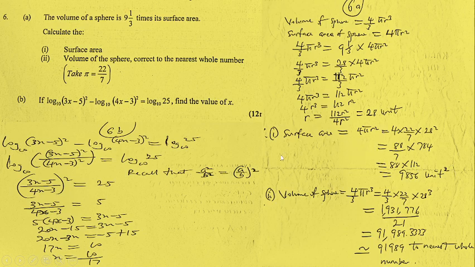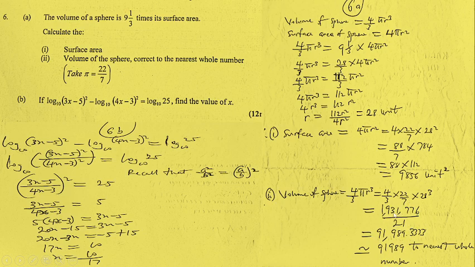Then also, we have to find the volume of the sphere correct to the nearest whole number. What's the volume of the sphere? 4 over 3 pi r cubed. So that will give us 4 over 3 times 22 over 7, being the value of pi as you have been given here, then also times r cubed. R is 28 cubed. Then if you simplify the numerator, we have 1,931,776 divided by 3 times 7, that gives us 21.